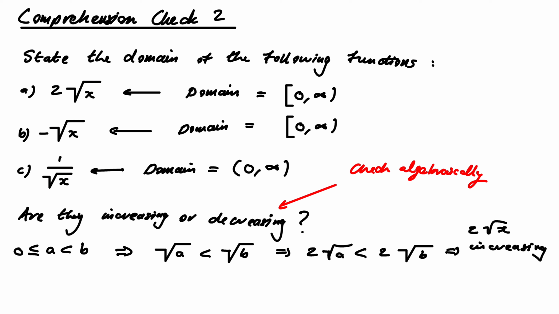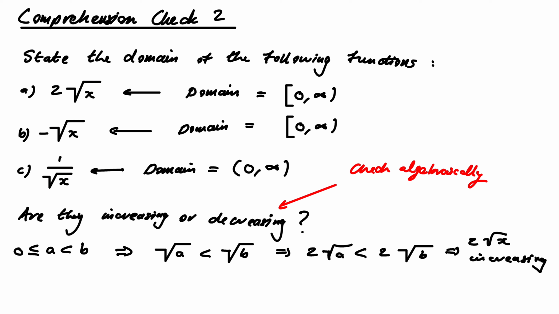We've checked it from first principles. Any two guys in the domain, a and b, if I feed them into the function, the inequality is preserved. Right, and that's because, first of all, roots preserve inequalities, and then because multiplying by 2 preserves the inequality and 2 is positive. Now, the negative is a different story, right?